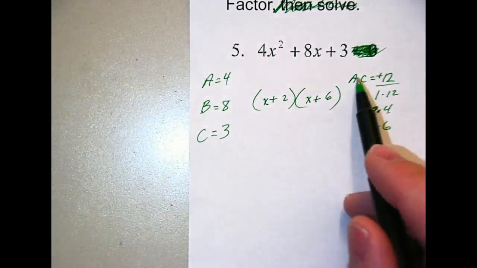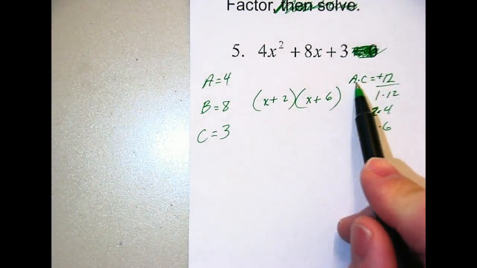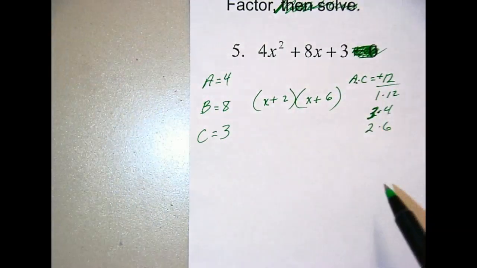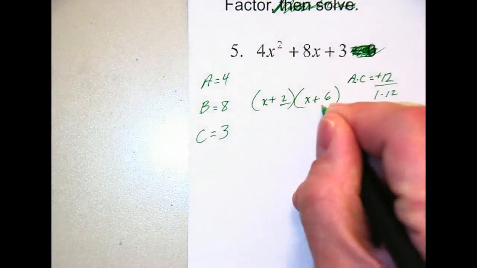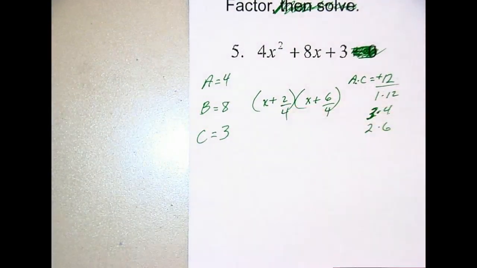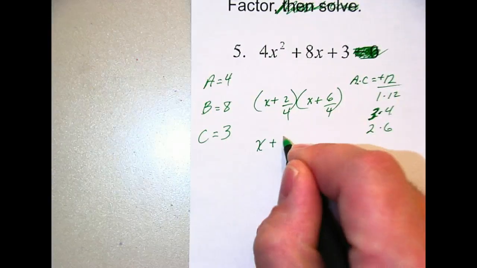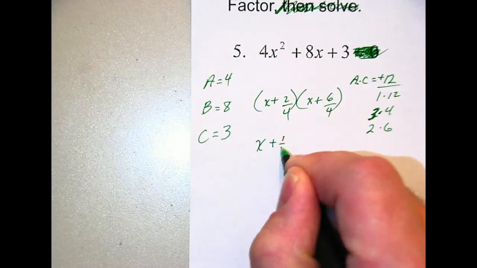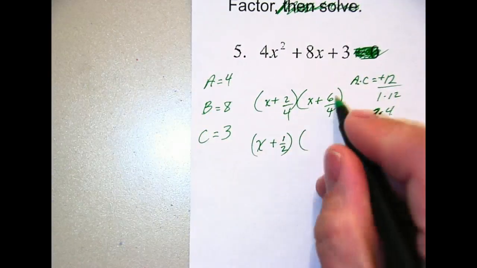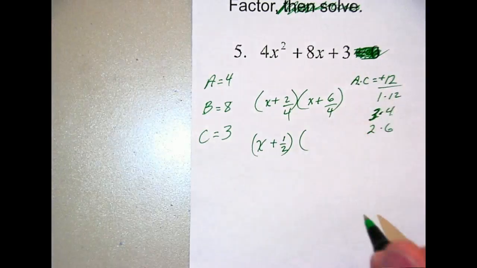Okay, remember, Lizzie's method says we multiply by A. What do we have to do at the end? Divide by A. We multiply by A and then we divide by A. So we divide by 4 and reduce. What does 2 over 4 reduce to? Yes, 1/2. And 6/4, what goes into 6 and 4?